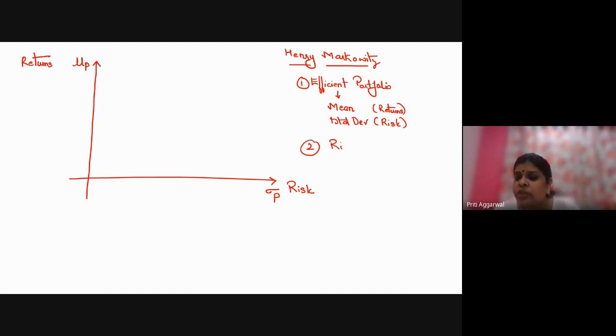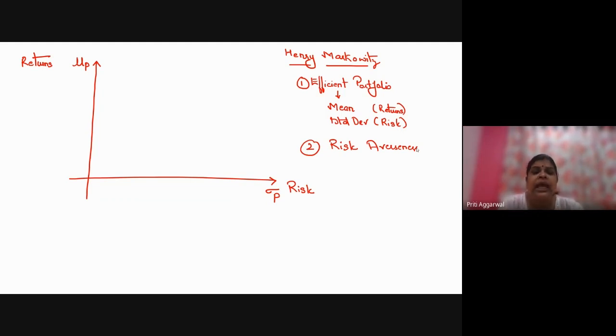So it also talked about the individual's risk averseness, right? When I say risk averseness, that means how tolerant I am towards my risk, or what is my risk appetite. And the assumption which was made is that by nature, every individual is a risk averse individual.